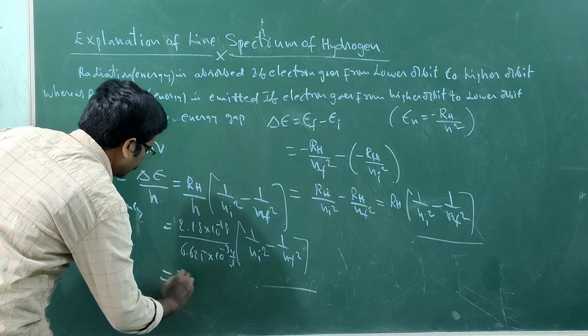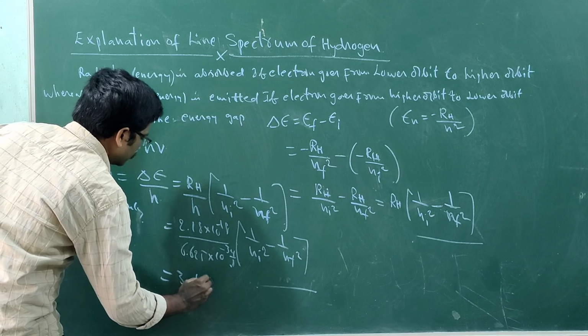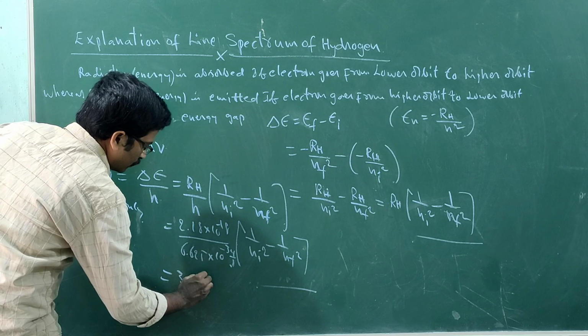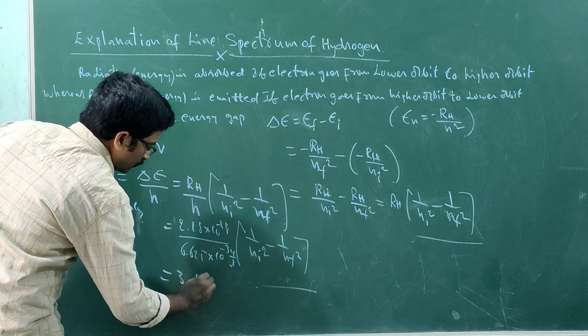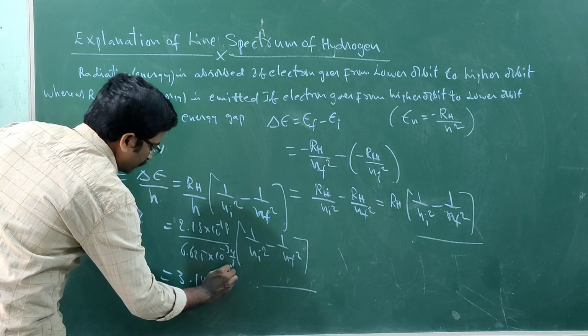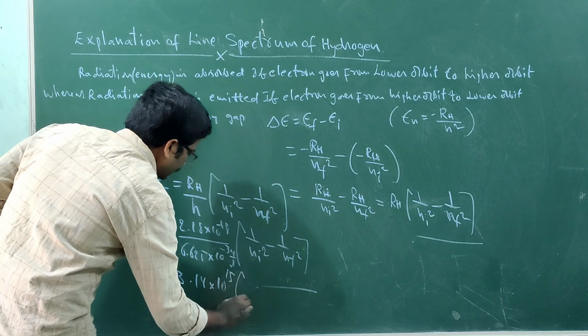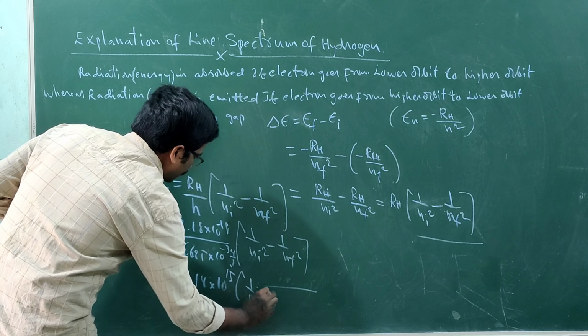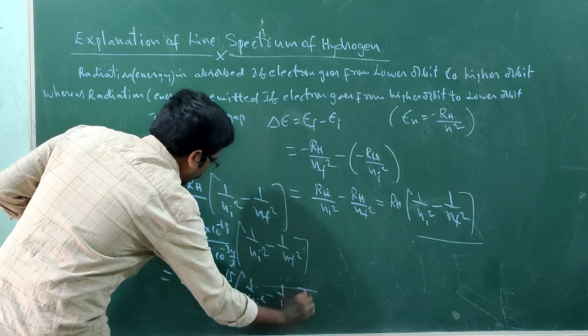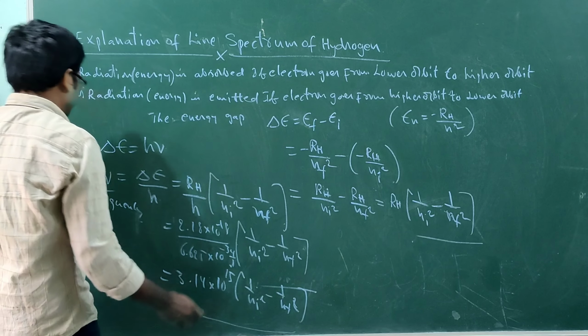I think it is 3.145 into 10¹⁵, I have given the value roughly, times 1 by ni square minus 1 by nF square. You may get this.